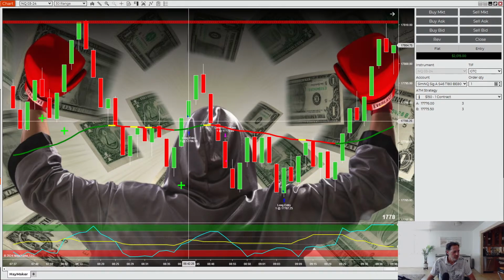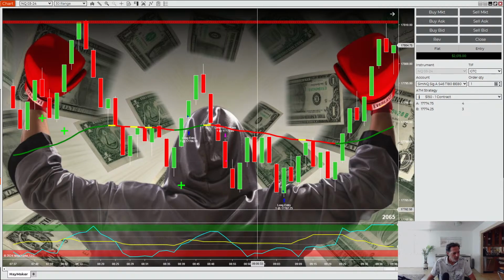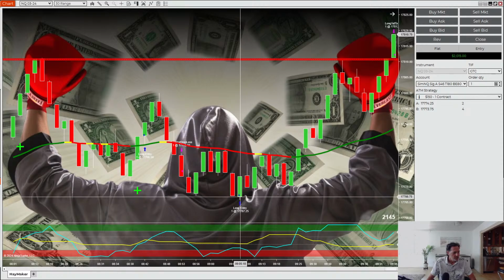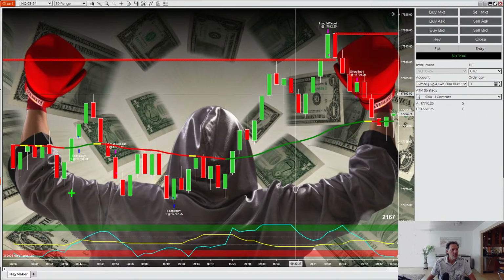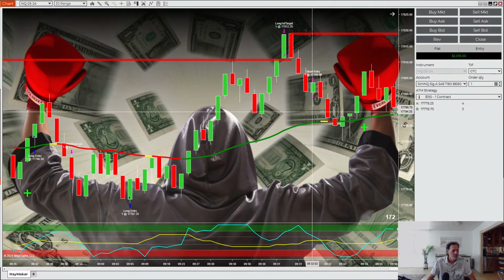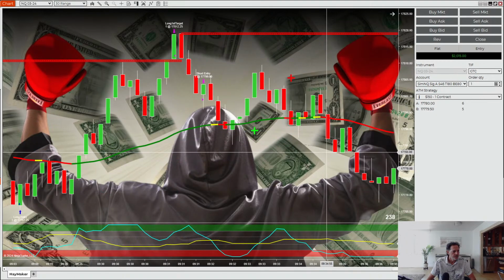So this robot took this trade here this morning at 8:42 when it got its first trade, and it lost that trade. So it lost 46 ticks. Then it jumped in this long entry right here, and it got its first target, so it made 180 ticks. Took this short entry.